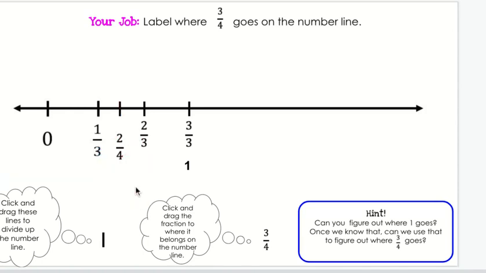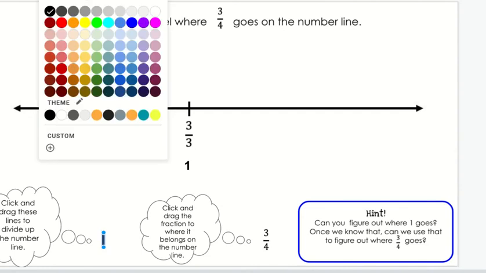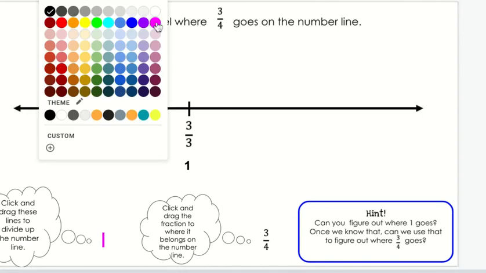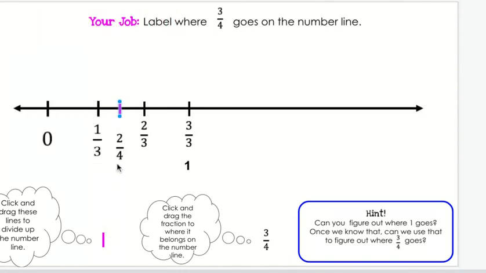Now I'm going to break up my number line into fourths. And I'm going to make these a different color just so you can see them more clearly, because I already broke it up into thirds and now I'm breaking up into fourths. Because now that I found where 1/2 is, I have a fraction with the denominator of the fraction that I'm trying to place on the number line, 3/4. So it makes it a little bit easier.